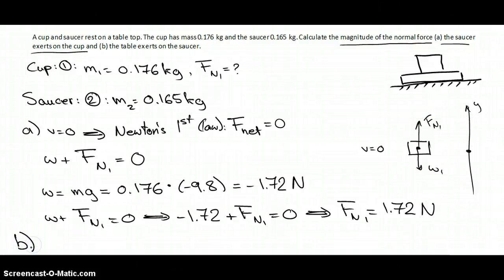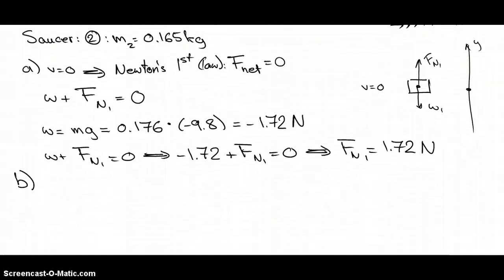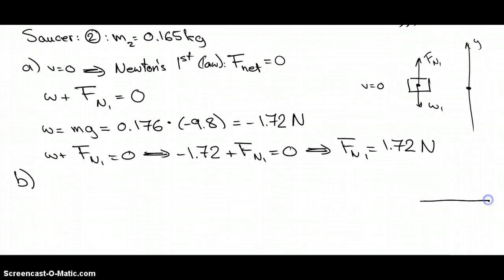second question, B. The table exerts on the saucer. On the saucer. So I'm working with the saucer. I isolate it, I draw it. Okay, I put a number line beside it to indicate my positive, and I write everything I know about it.